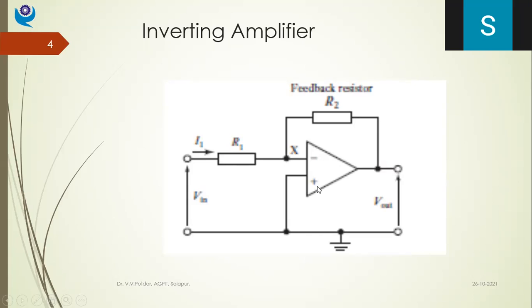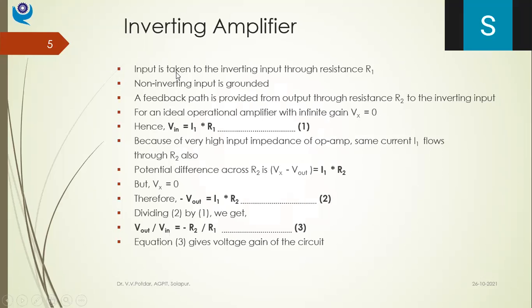Okay, let us see how the circuit inverts the input voltage into Vout. Now inverts म्हणजे काय? Invert करणे म्हणजे काय? Sign change करणे, right? See, just be attentive. If you have got pen and pencil, start noting down. Input is taken to the inverting input through resistance R1. Just now we have seen.